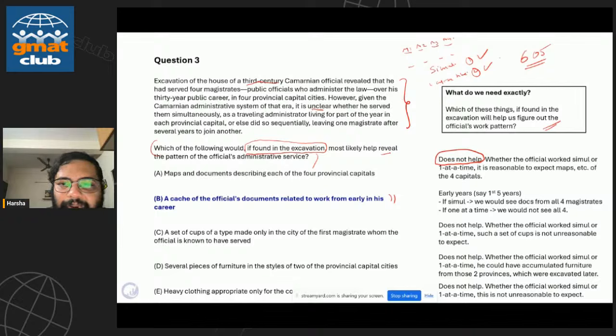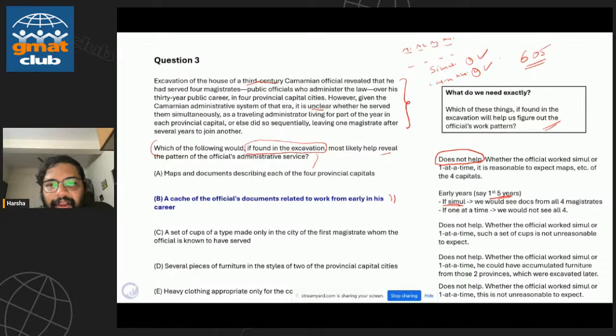Choice B is very interesting because I hope you can see how this should help. When you say a cache of documents related to work from early in his career, let's say the first 5 years, just for example, if he was working simultaneously in these 5 years for all four, then you would expect to see documents from all four magistrates from all those places of work.